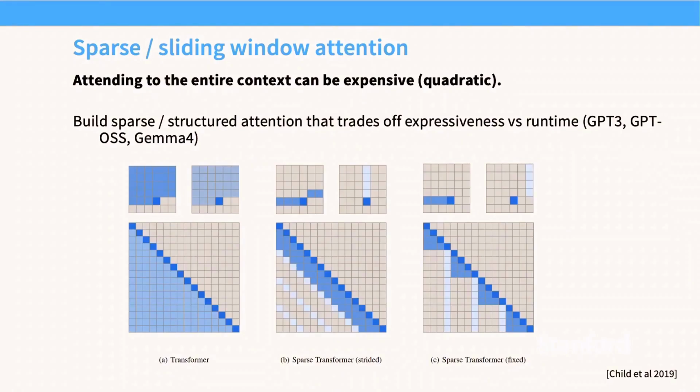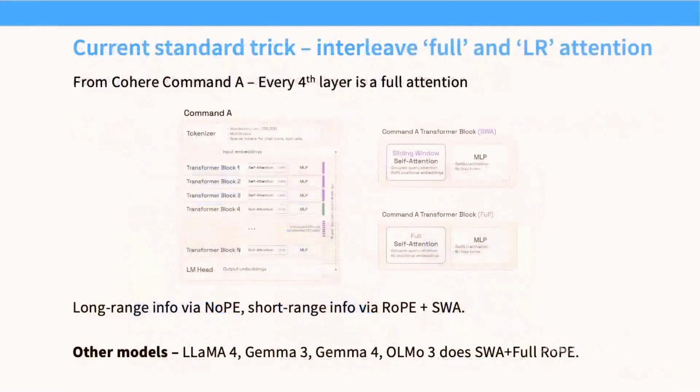And OpenAI has some early work on these different kinds of attention patterns. But actually, this has become really, really popular over the past year. This idea of alternating the big full attention and a more local attention hits a sweet spot for how to manage long context performance while not paying too much for inference.